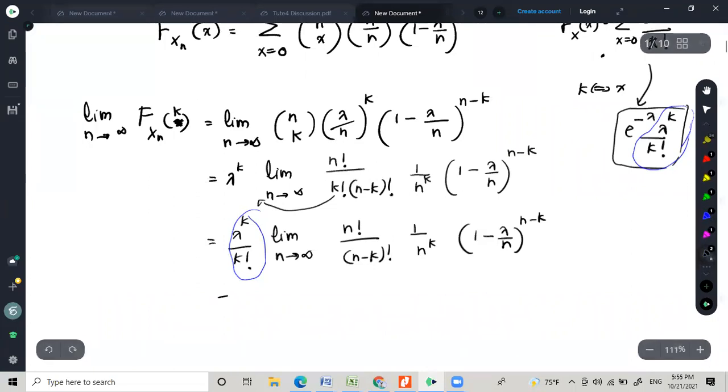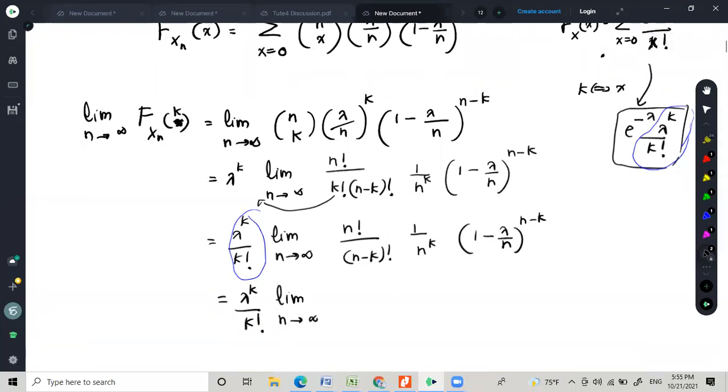Now I'm going to do a small trick. It's not actually a trick, it's a way of solving the factorials. Can you expand this factorial? n factorial, and at the bottom you have n minus k factorial. How do you expand n factorial?